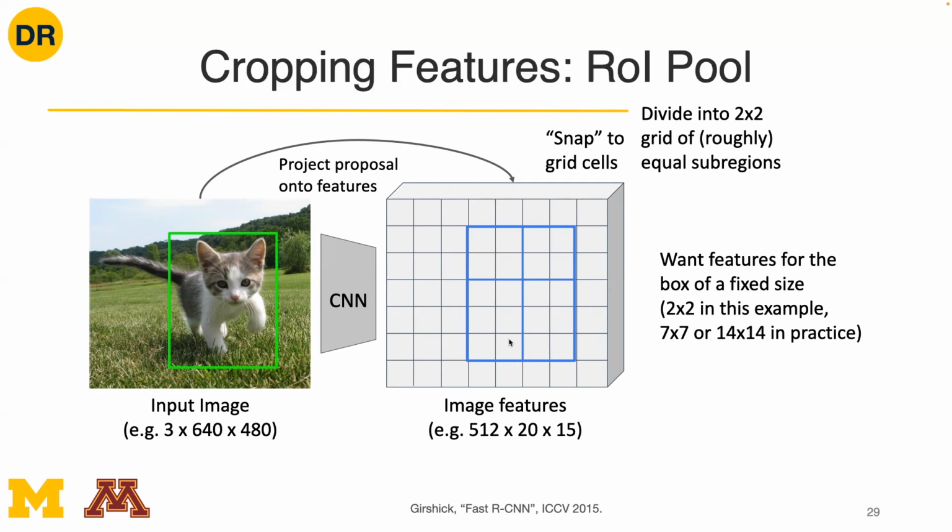It's going to try to make the grid evenly sized in the vertical and horizontal dimensions, but you can see that if the aspect ratio of this projected region of interest is not square, more features in the feature map fall into some of these grid cells than others.